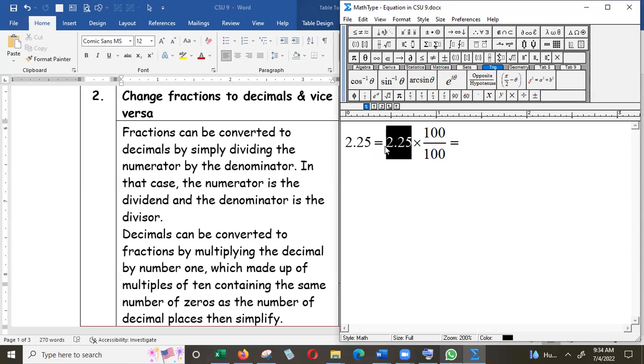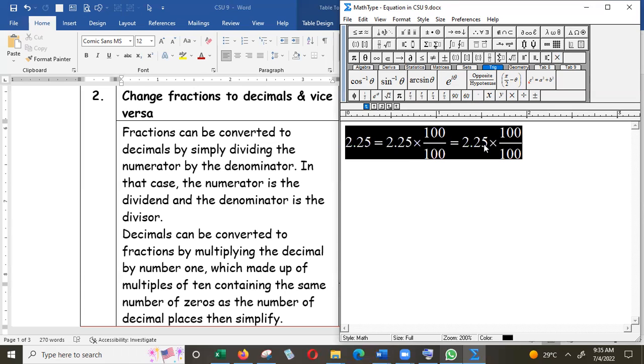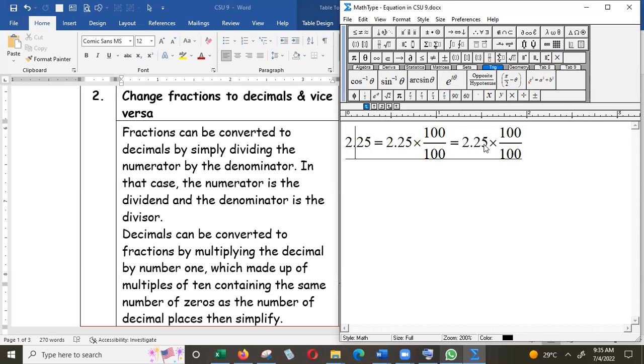2.25 has a denominator. The denominator of 2.25 is 1, because any number divided by 1 is the number itself. Properties of 1, dividing by 1 does not change the value that you started with. So I can rewrite 2.25 with a denominator of 1 to facilitate the multiplication of numerator times numerator.